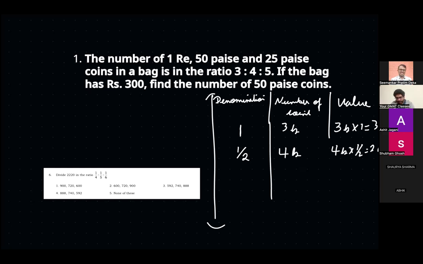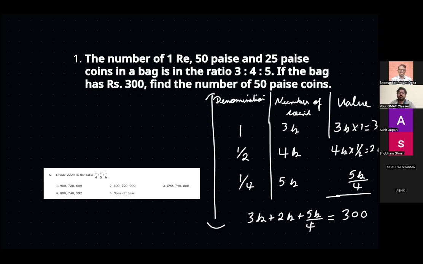Third denomination is 1 by 4th, 5k coins. So the value will be 5k by 4. Now the sum of these values, which is 3k plus 2k plus 5k by 4, is given to be equal to 300.